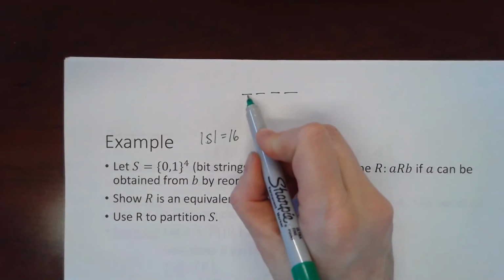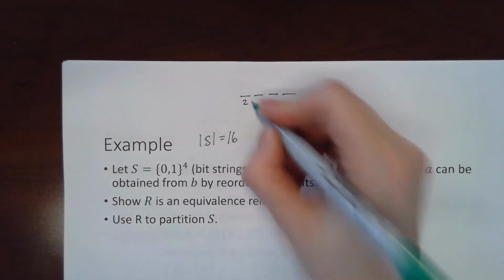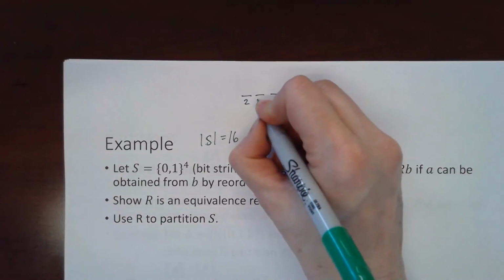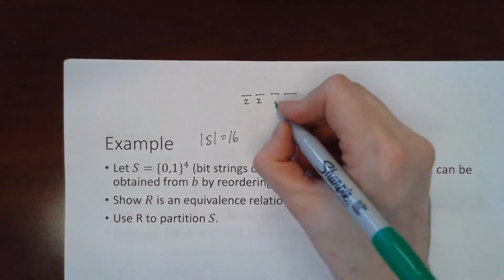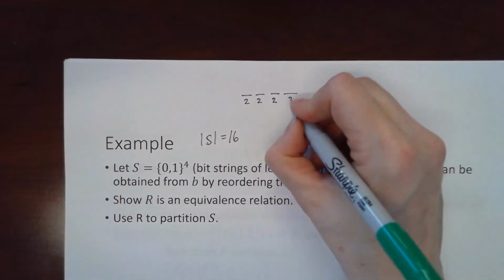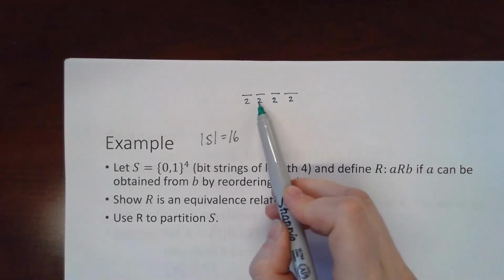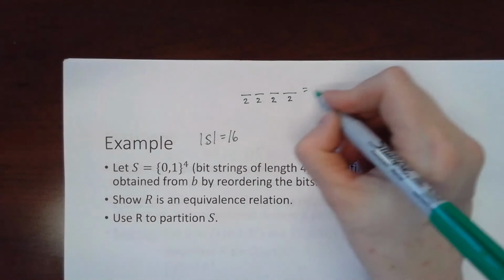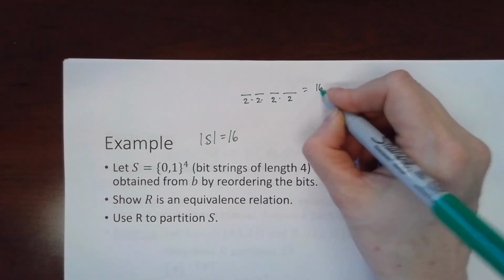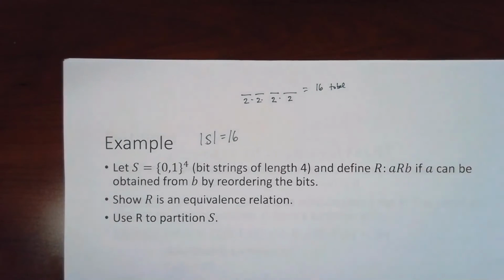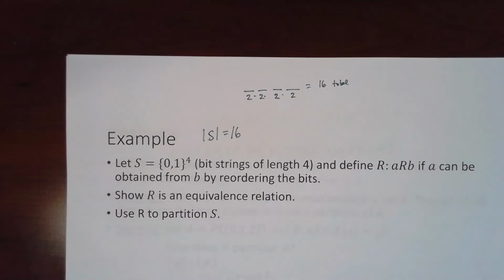You can put 0 or 1 there, so there are 2 choices for that spot, 2 choices for that spot, 2 choices for that spot, 2 choices for that spot. So that's 2, 4, 8, 16. You just multiply these all together. That's 16 total, permutations of these bits. So yes, there are 16 different strings in here.